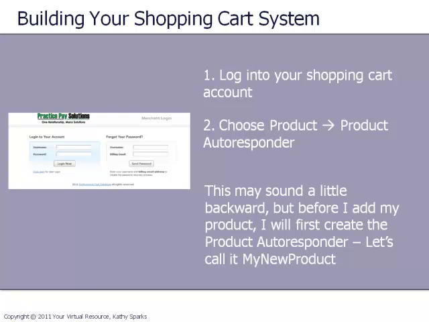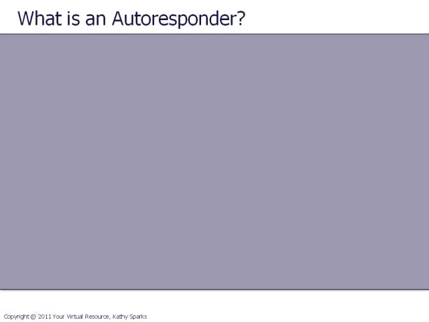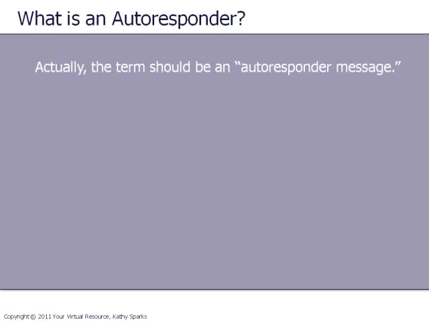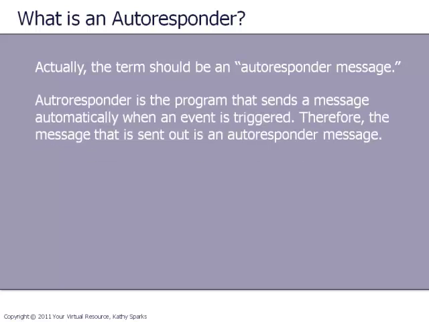Well, what is an autoresponder? Actually, the term should be an autoresponder message. Autoresponder by itself is the program that sends a message automatically when an event is triggered. Therefore, the message that is sent out is called an autoresponder message.